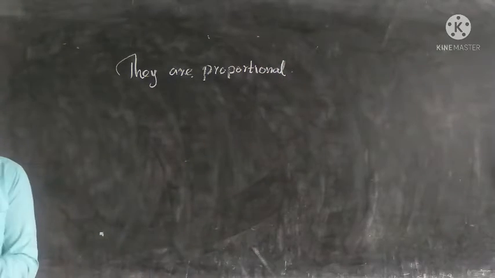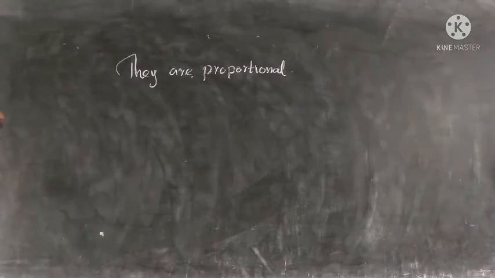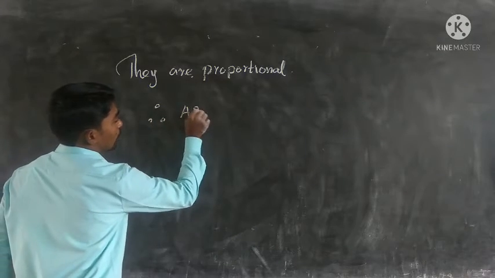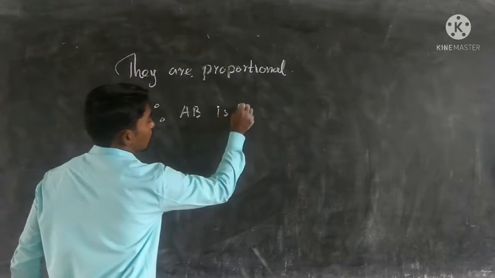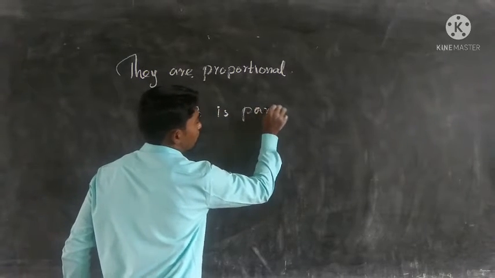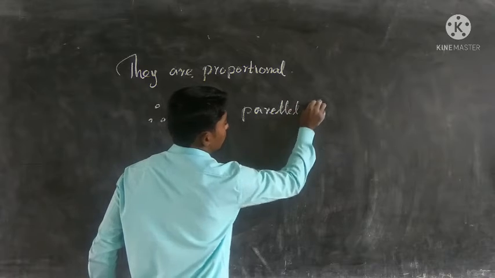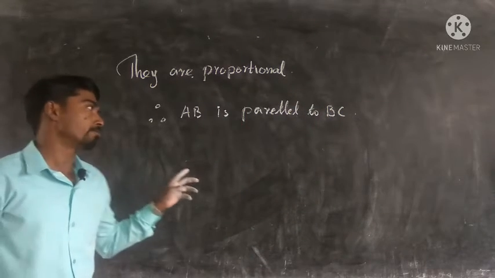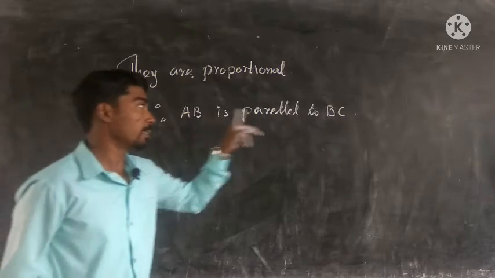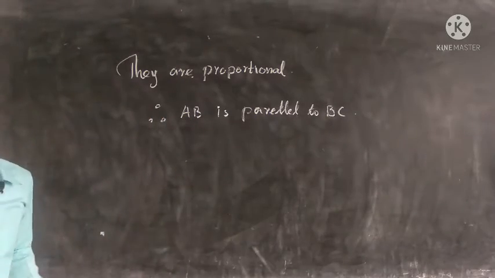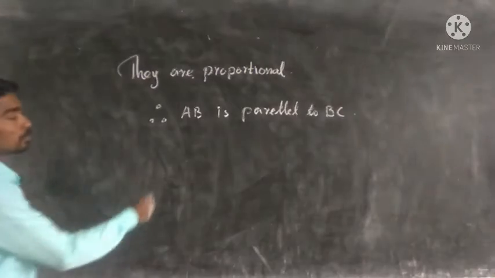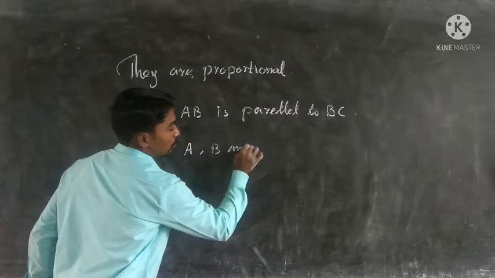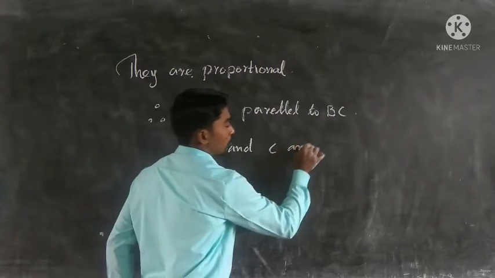Therefore, AB is parallel to BC. But the point B is common to AB as well as BC. Therefore, A, B and C are collinear.